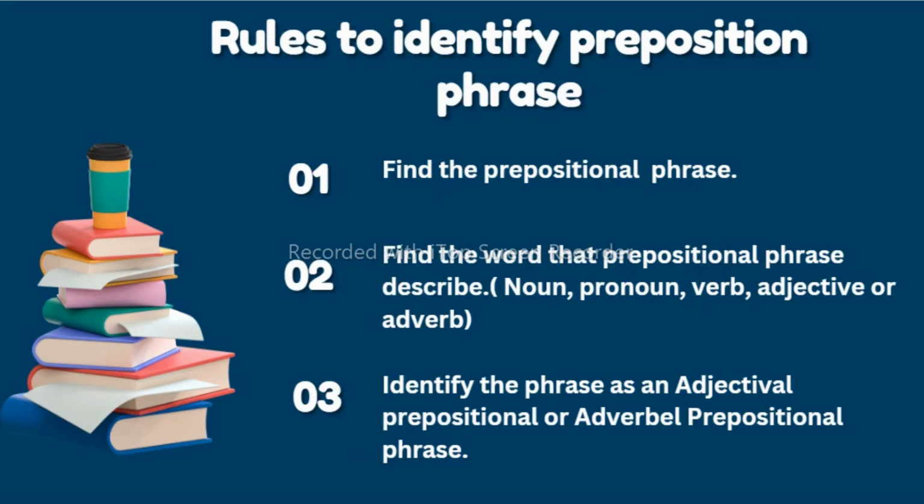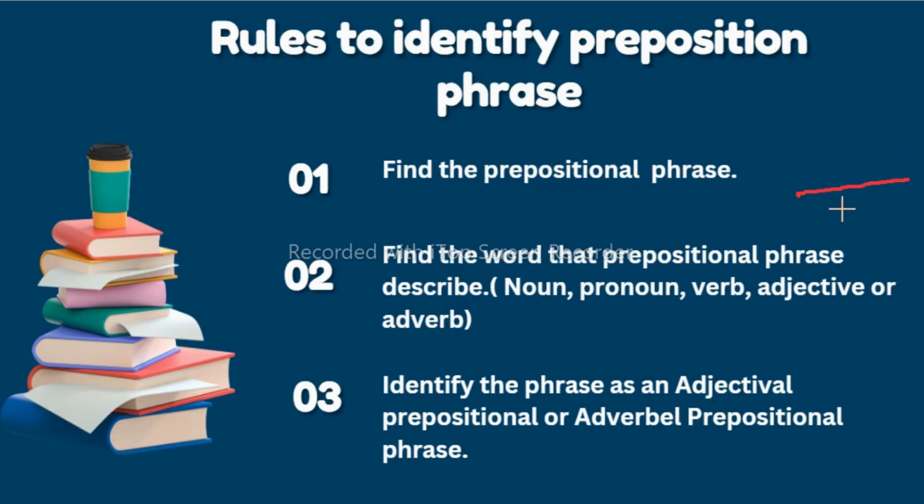Now there are some rules to identify prepositional phrases. What you have to do first, whatever sentence you get, is find out where the prepositional phrase is in the given sentence. Then the second step is to find the word that the prepositional phrase describes. This preposition plus object is your prepositional phrase.